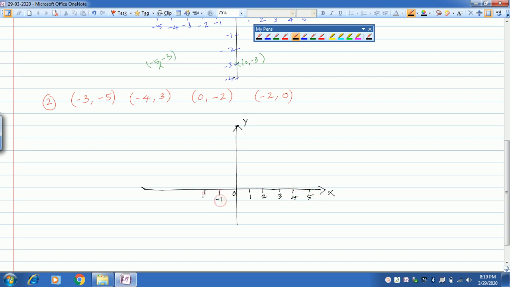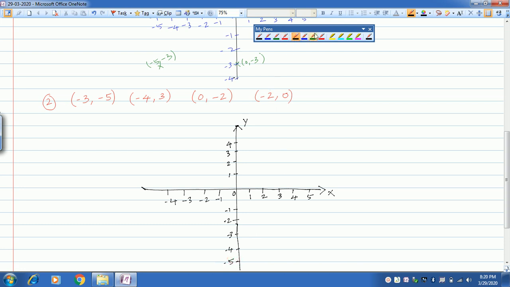Here minus 1, minus 2, minus 3, minus 4, and this is 1, 2, 3, 4, and y is going down. So what we have here: minus 1, minus 2, minus 3, minus 4, minus 5.